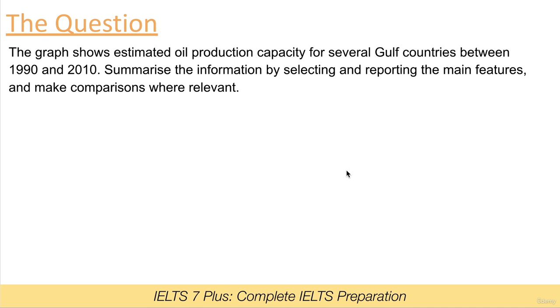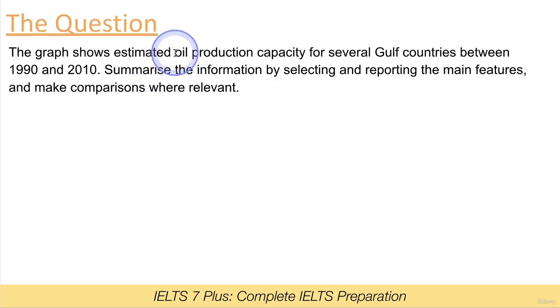That's something you'll be assessed on. Your ability to cherry pick information if you like, and also make comparisons where relevant. So again, we're not making comparisons left, right, and centre, just when we feel that they are appropriate, where things are interesting, striking, important, relevant, all of these words.